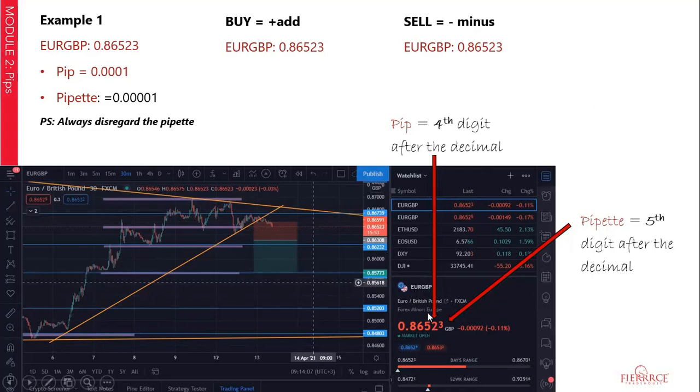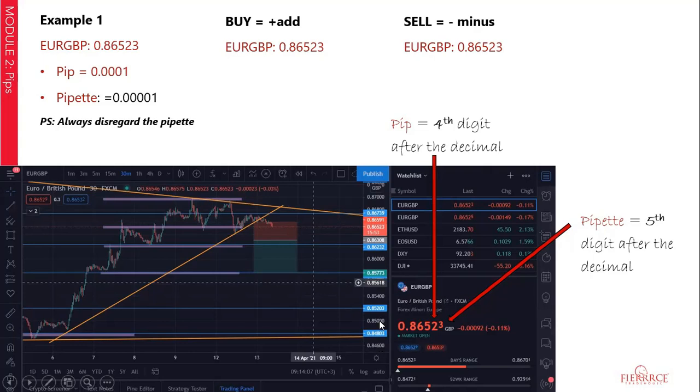So for example, if we were to do a calculation, in this chart here, we can see the prices. Let's say the price of Euro GBP was down here at 0.85000. This last digit 0 is the pipette, so you start counting the pips from the fourth digit.